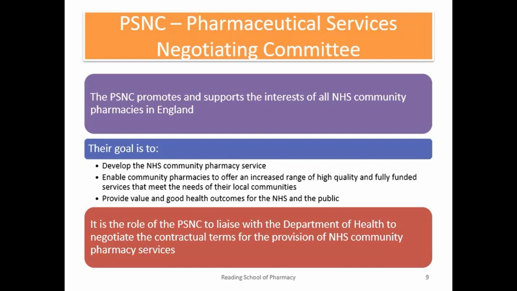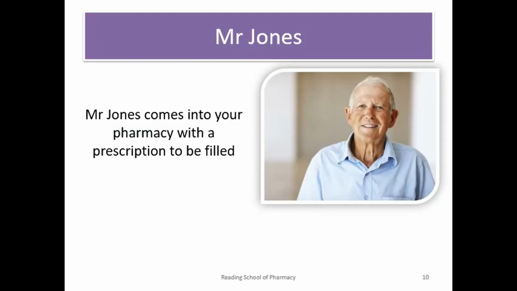So they will essentially barter for money from the Department of Health to ensure that pharmacy has funding to provide care for communities, for services, for any other treatment options that they want to introduce as part of their profile, I guess. And it's the PSNC that will go to the Department of Health and get the provision for this.